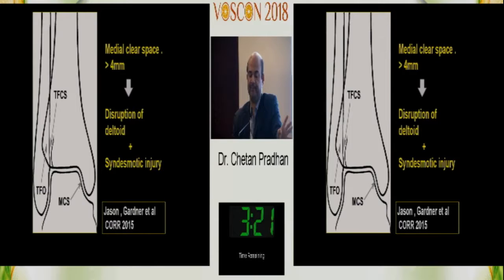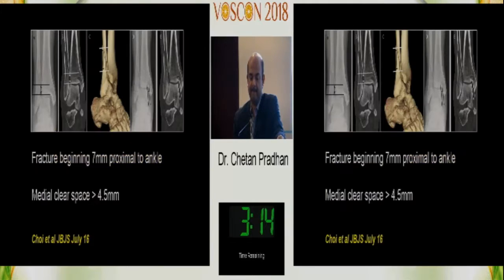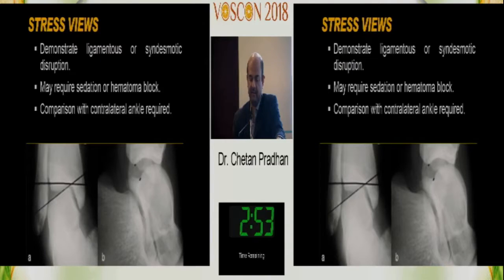Most of these radiological indices have been used in the past, but if you see today, the MRI has surpassed most of these X-ray indices. It's quite obvious in a fracture. If the fracture line begins 7 millimeter proximal to the ankle joint with a medial clear space more than 4 millimeters, then definitely there is a syndesmotic injury which needs to be handled. Stress views are no longer taken.